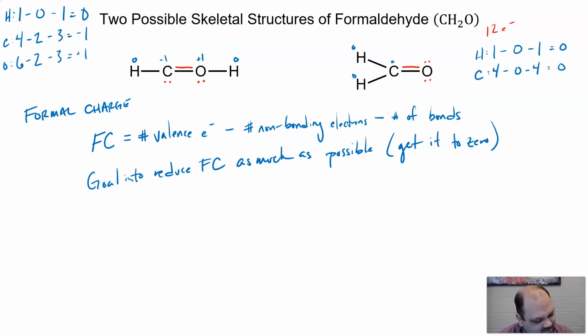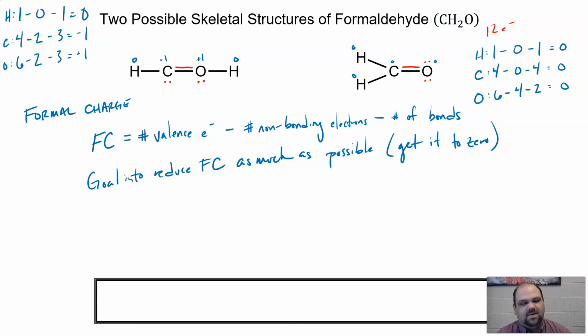That's 0. And oxygen starts with 6. In this Lewis structure, he has 4 non-bonding electrons and has 2 bonds. He comes out to 0. And so as you can tell, the formal charges on the right-hand molecule are all 0. And so that is a better Lewis structure.